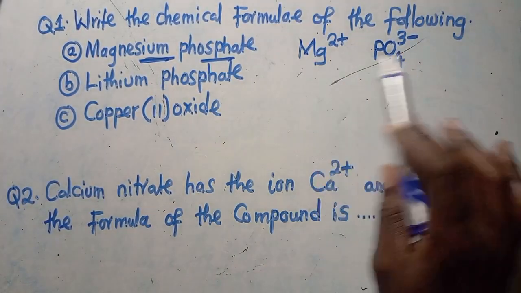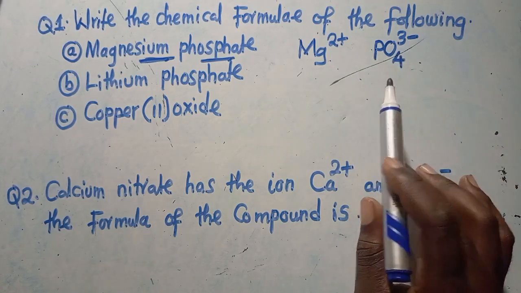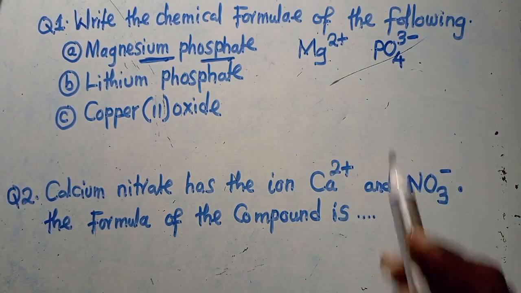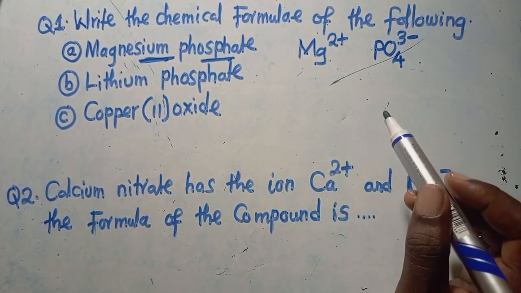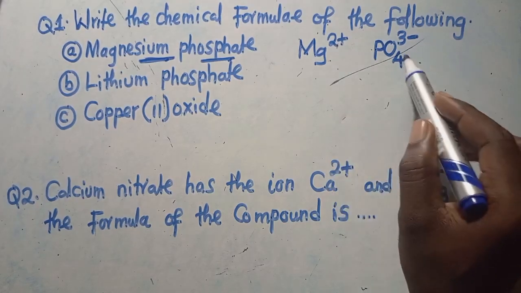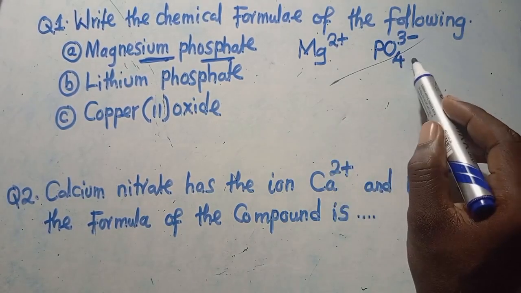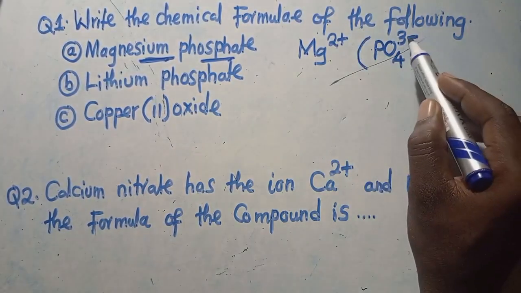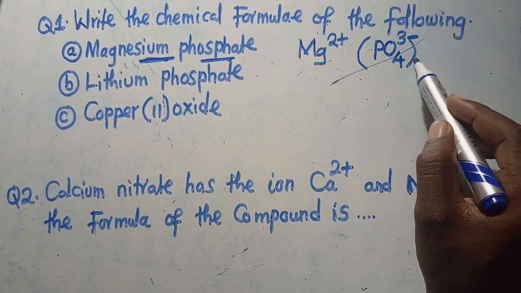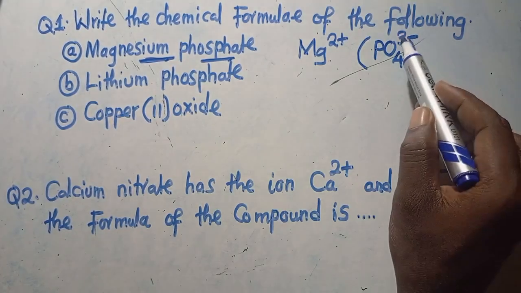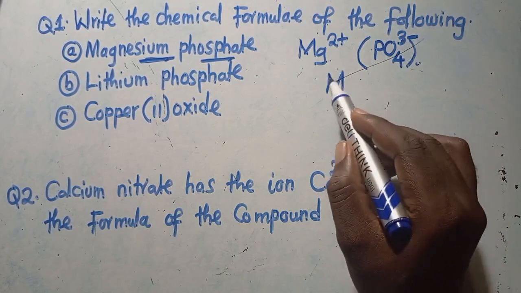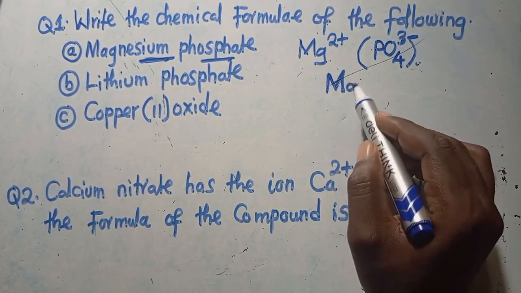So what we are going to do here, in other words, is that these valences are going to interchange. Since the valences are going to interchange, this 2 comes here. Since there is a 4 here, if I write a 2 here, this one becomes 42. It won't make sense. So it's better I put the radical in brackets. Then I'm going to put a 2 there. Then this 3 will come this side. I'm going to have M, capital letter M, followed by a small letter.